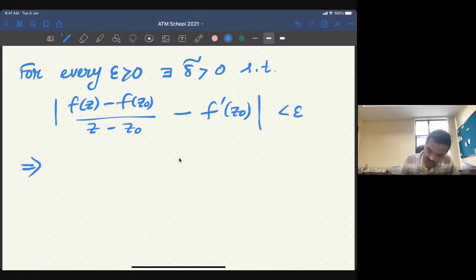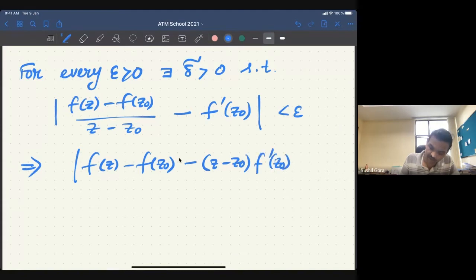This implies mod of fz minus fz naught minus z minus z naught times f prime z naught is less than epsilon times mod z minus z naught. Call this 2.